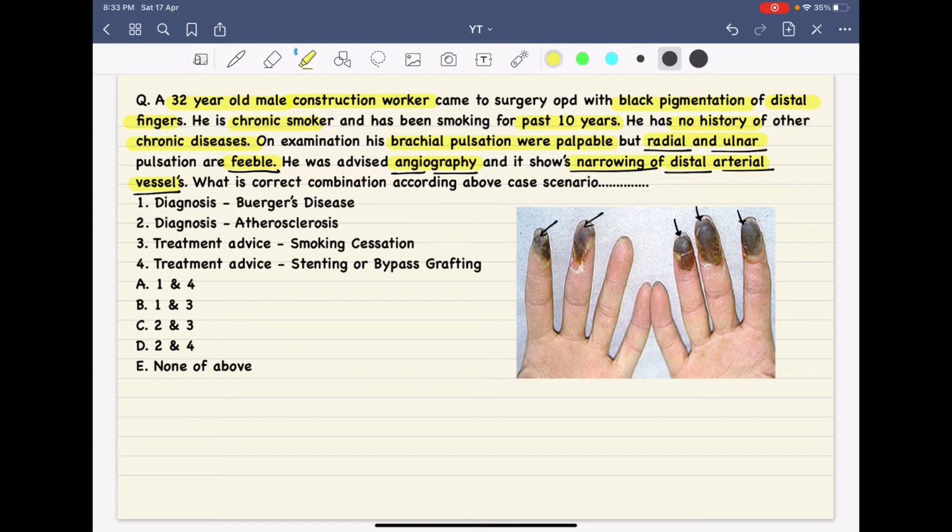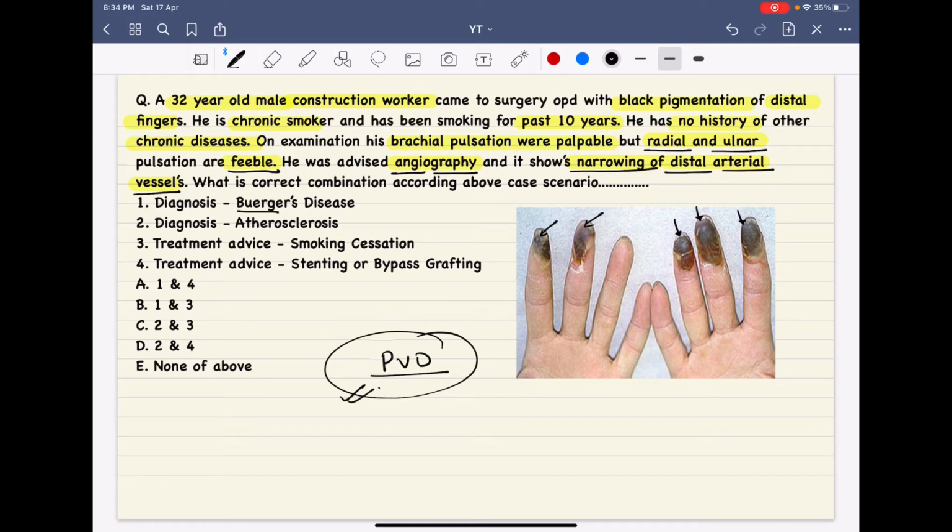So you can see that this is a disease pertaining to arteries, and it is indicating towards peripheral vascular diseases. In PVDs, we know that there are two diseases which are given in the question.